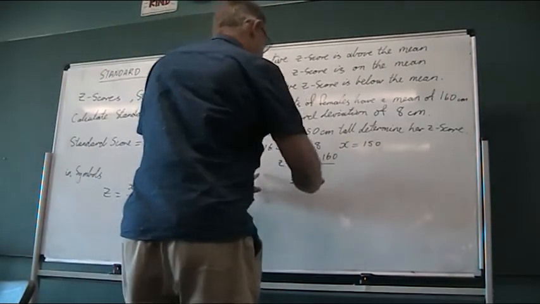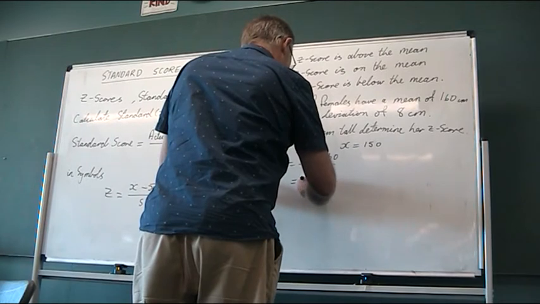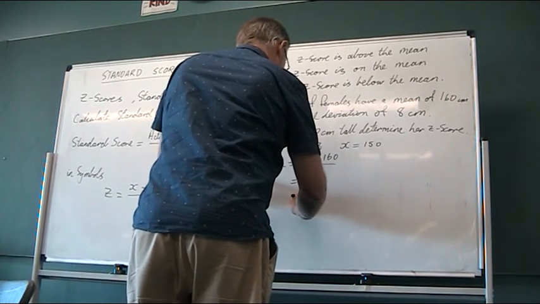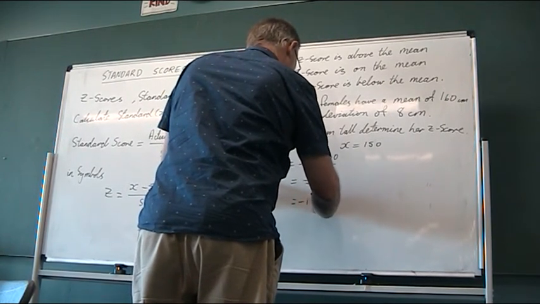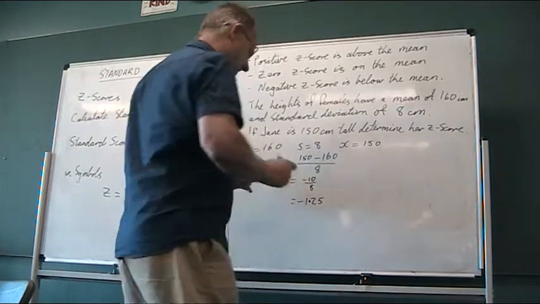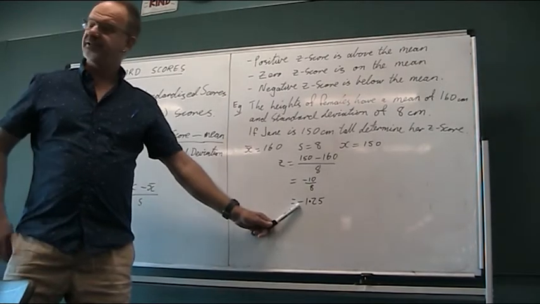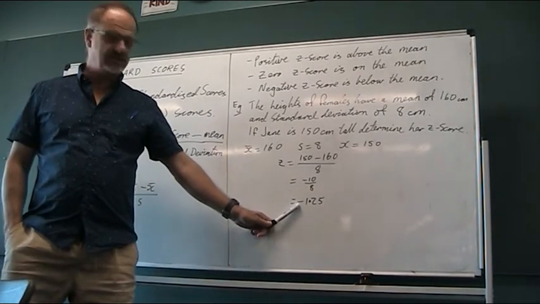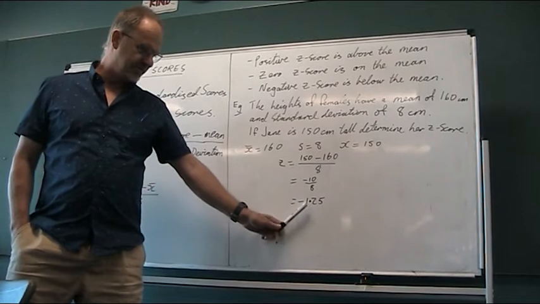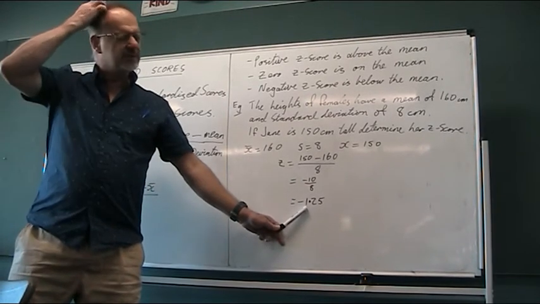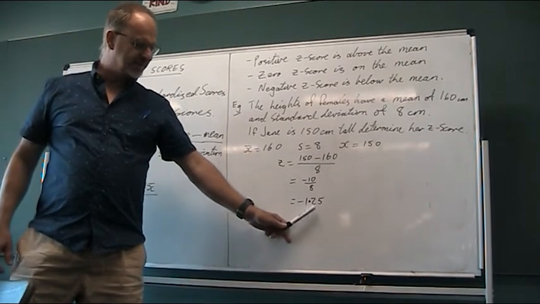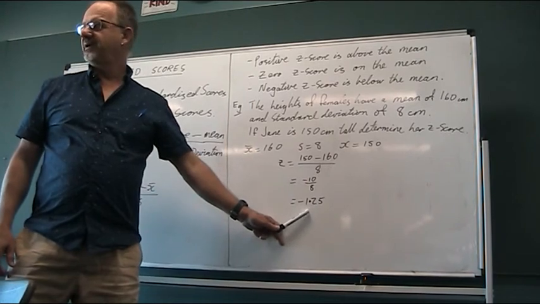Negative 10 over 8, which is negative 1.25. What this indicates is that the negative means she is shorter than the mean height. The 1.25 means that she's 1.25 standard deviations below that mean.